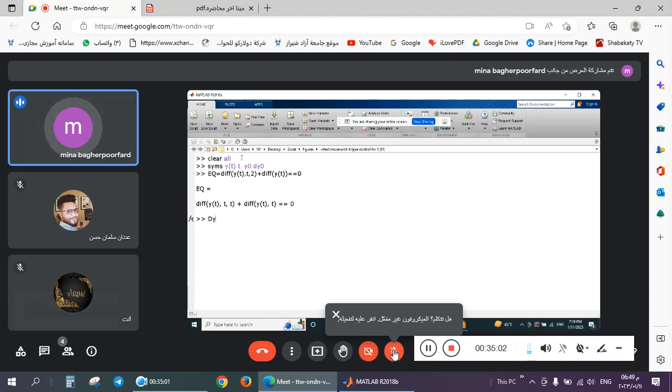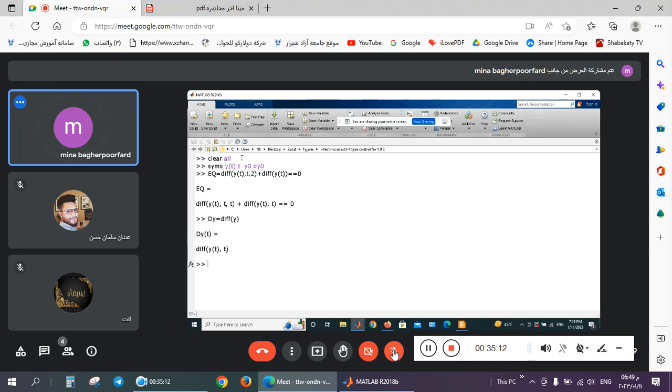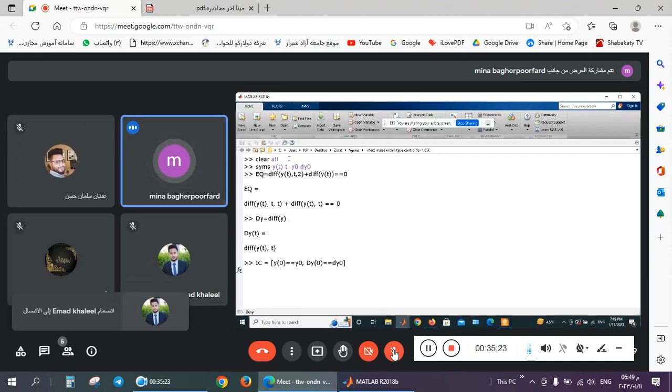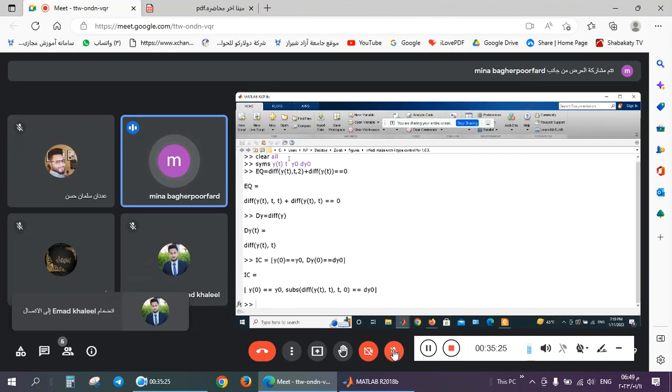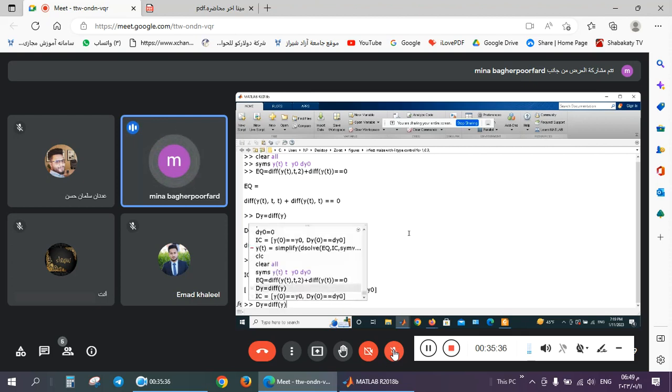After that, I define dy equals the derivative of y(t), diff of y, and then I define the initial conditions. y at 0 is y0 and dy at 0 is dy0. And now it runs correctly. I write everything again as before. Now it gave the answer, no problem. And after that I solve my equation.